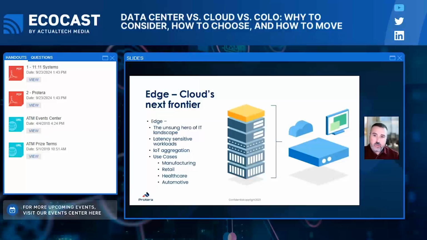Another aspect that we're seeing is that edge is becoming much more important with feeding critical data up to the business that it needs to power things like machine learning and AI. So at the edge, whether it's a manufacturing location where we're seeing a lot more IoT, OT type integration and aggregation, I'm going to have some compute resources at that edge that are going to collect, aggregate, maybe cache.